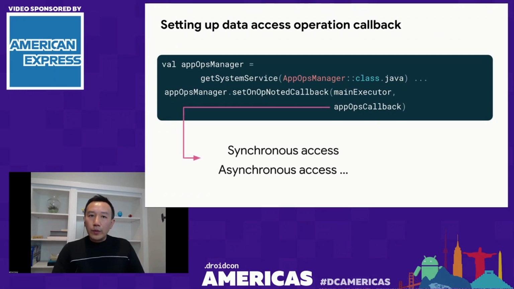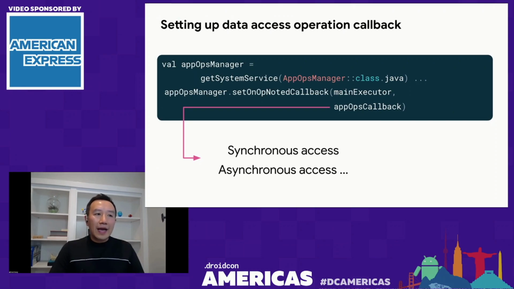Now, within the onNoted callback class, your app will be notified of data access in synchronous calls. When this happens, you may log any stack trace or send some anonymized data back to your backend for further analysis. If you do so, make sure you let the users know in your prominent disclosure that you're using this data and what you're using this data for.